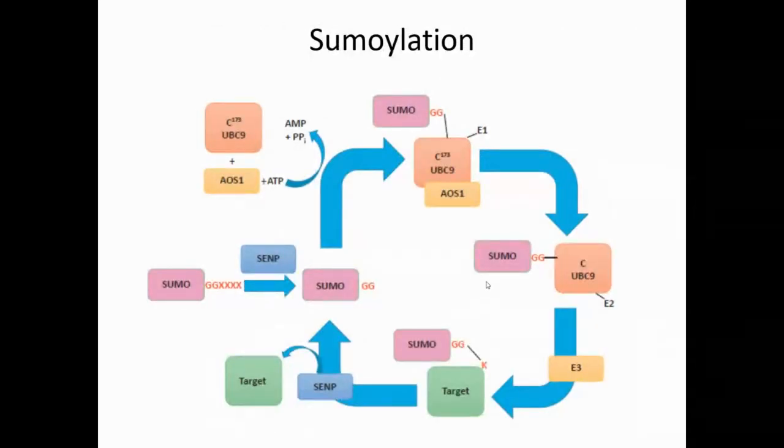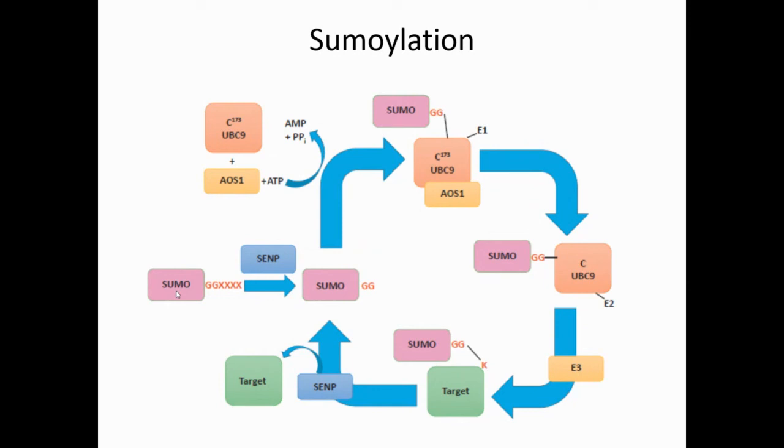Of course, although ubiquitination is the signal for degradation, there are also some non-degradative functions. For example, the small ubiquitin-like modifier, which we call SUMO, is a highly conserved protein.